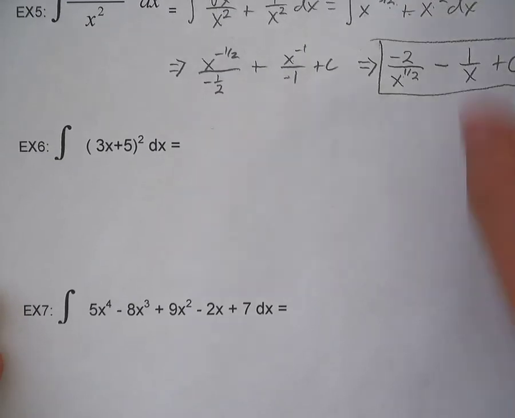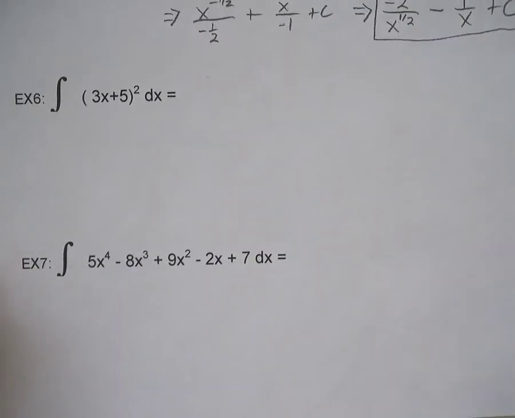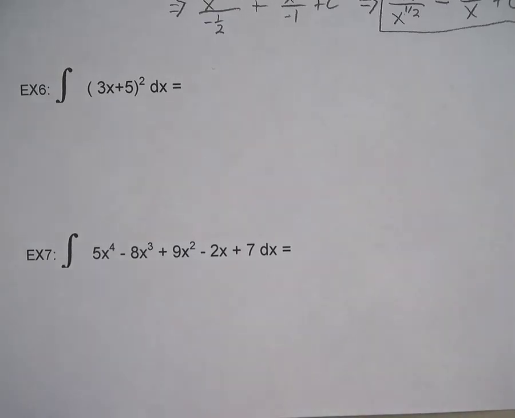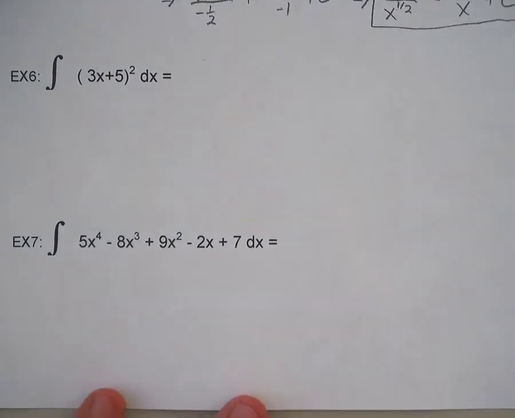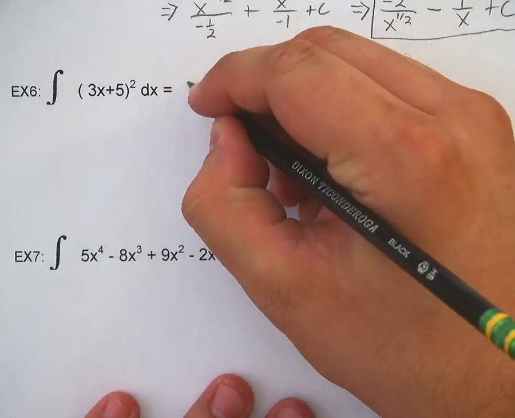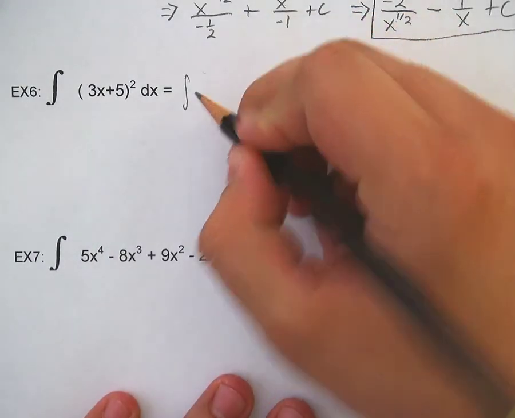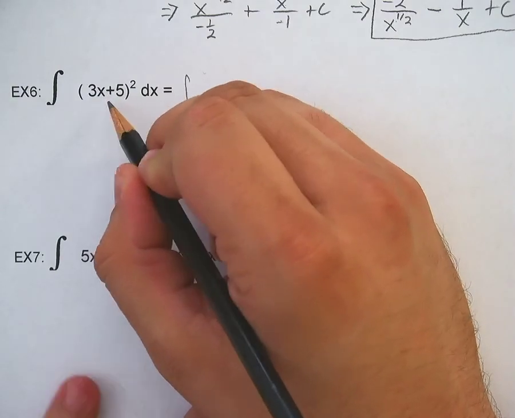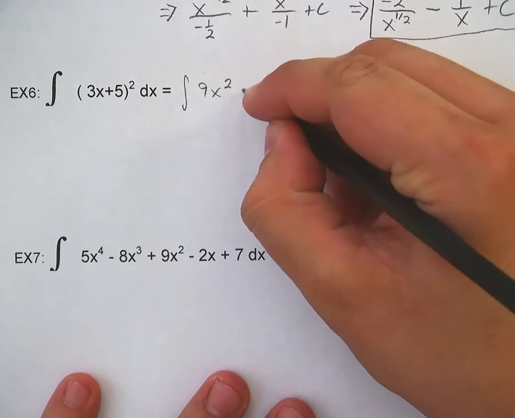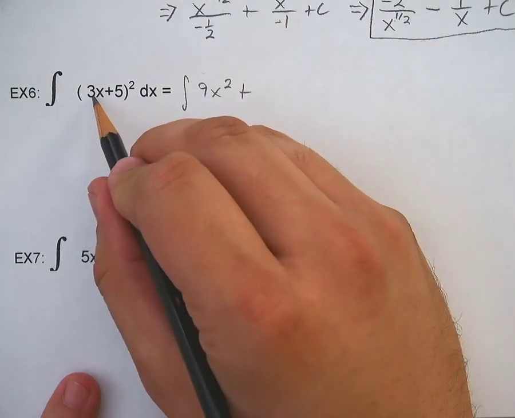Okay, let's go down to number 6. And these are really just a bunch of examples so that you can know what to do in different situations. The first thing I would do here is rewrite it to actually multiply it out, since you're only doing it to a squared. Let's go ahead and say it's the integral of, FOIL this out, you'll have 3x and 3x, it'd be 9x squared plus, what would that be?